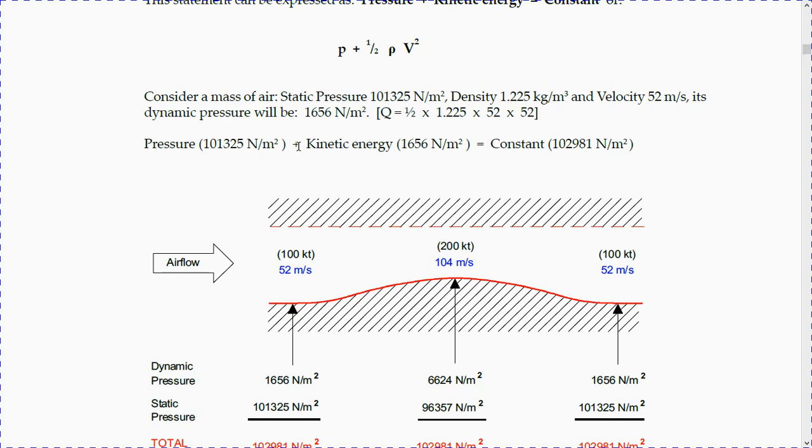The kinetic energy of this air, so the dynamic pressure, okay, so that's the static pressure, dynamic pressure, equals a constant of 102,981 newtons per square meter.